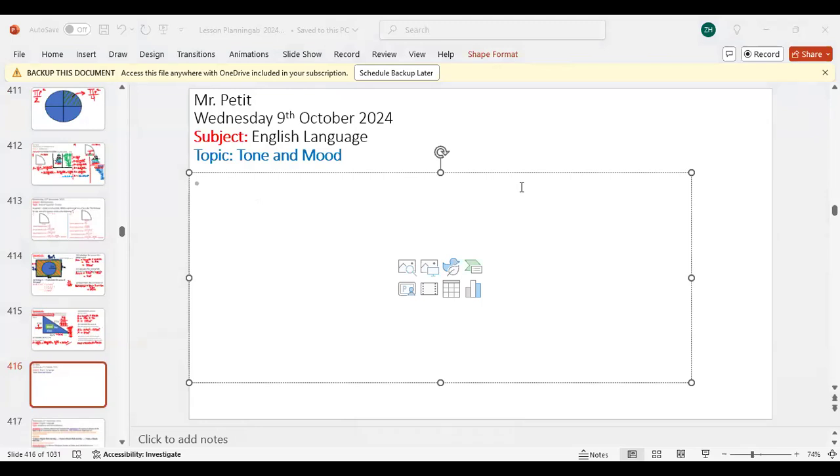What do we mean by tone? I believe it expresses how you feel, like the sound of your voice. Okay. She says the sound of your voice, like how you project your voice.